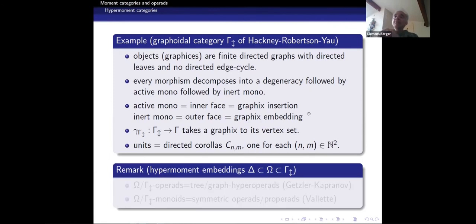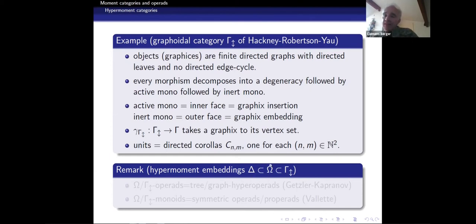And now you have embeddings of hypermoment categories, which means that these embeddings are compatible with the cardinality functors. The simplex category embeds into the dendroidal category by viewing an ordinal as a linear tree of the corresponding height.